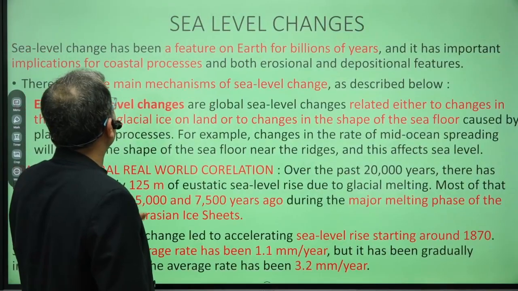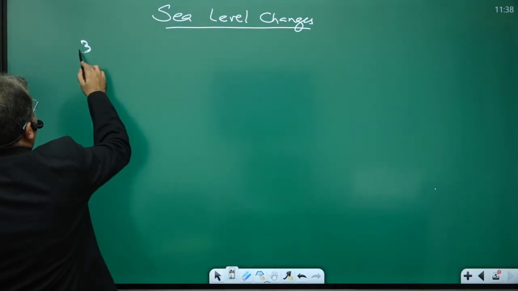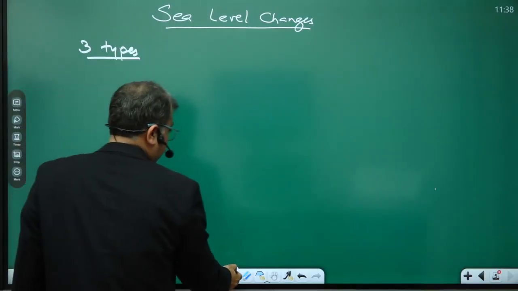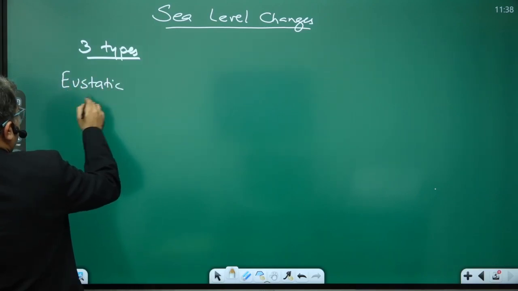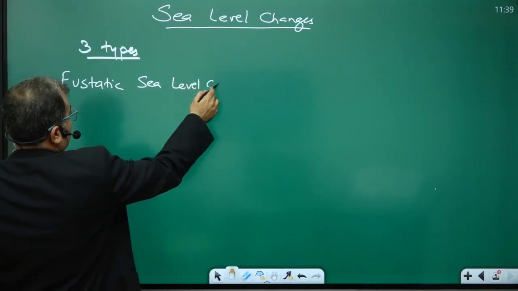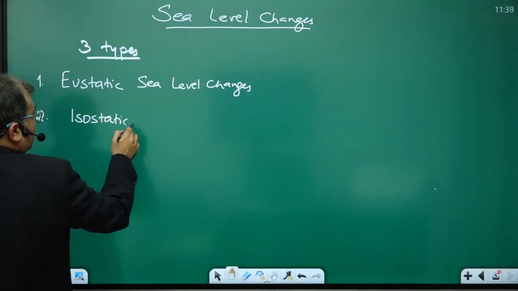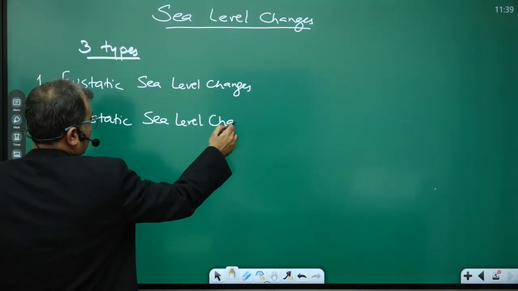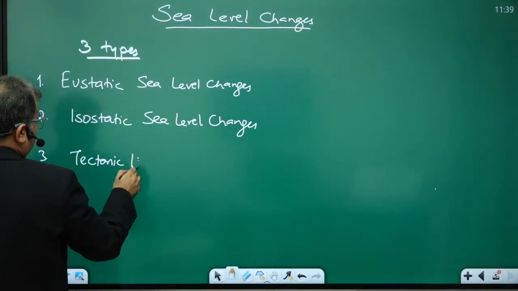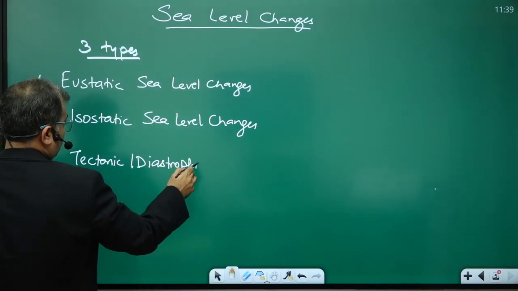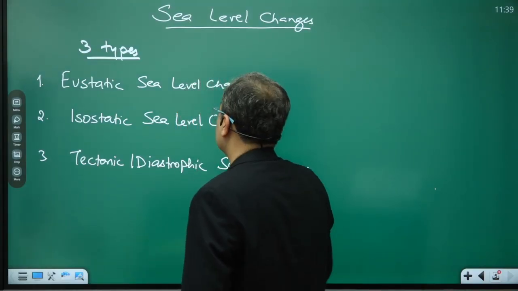ओके, करेक्ट. Three types. Eustatic. Very simple.